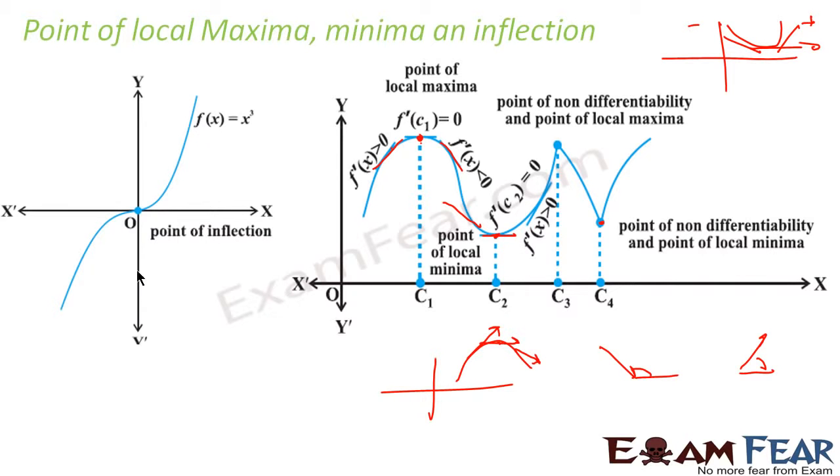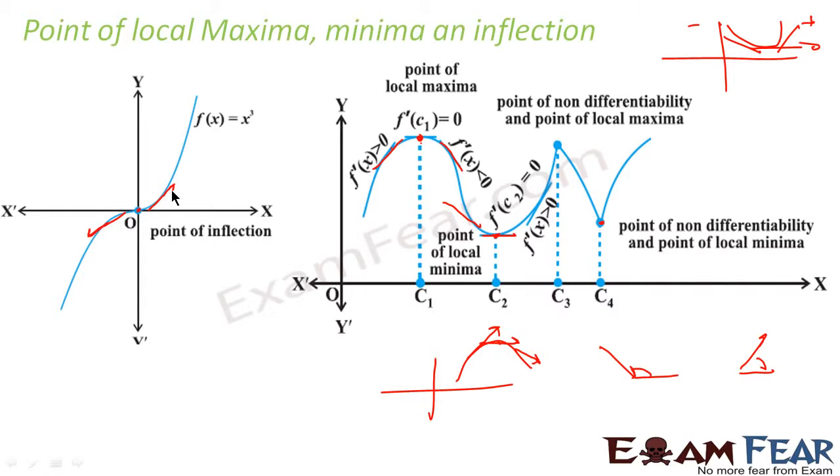Also I talk about point of inflection. If you see, this is my example, f x is equal to x cube. At this point 0, the slope is 0. And if you just go here, the slope is positive. And if you go back also, it is positive.